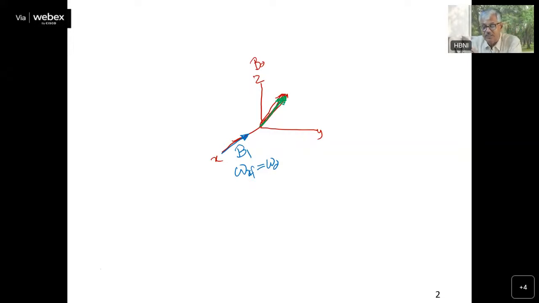Okay, so under this condition, that angle is called alpha.